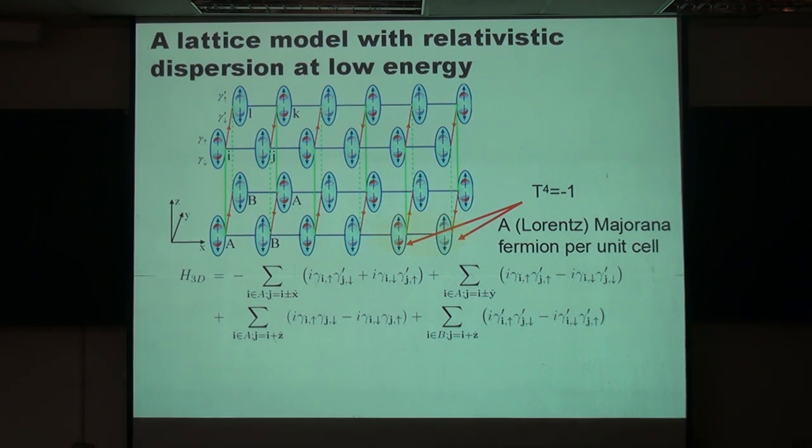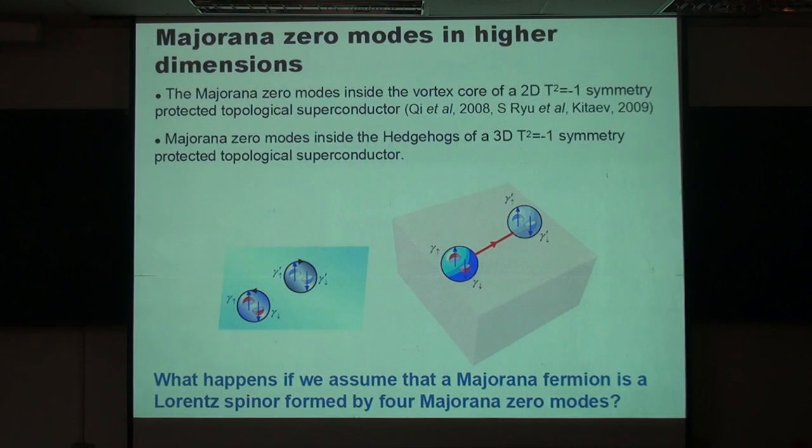I don't know how to consider an exact lattice model regulation or other regulation to reproduce the standard model. But the idea is that if we assume there is some fundamental scale, we can really cut the lepton Fock space into two pieces, then we can have this very strange T to the fourth power equals minus 1 symmetry.